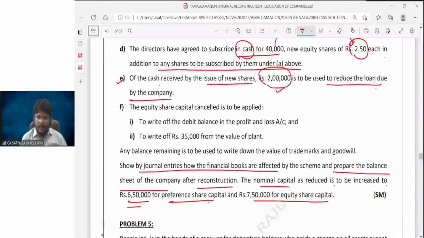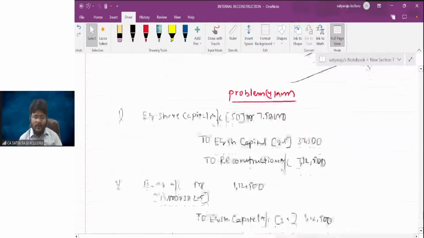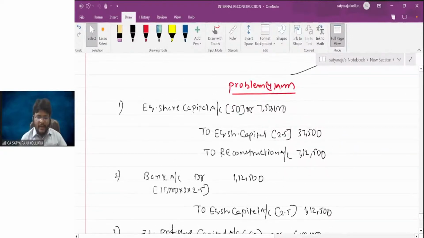Fine, come down. The equity share capital cancelled is to be applied to write off the debit balance in the profit and loss account. Whether it is mentioned or not, reconstruction account is used to write off P&L, to write off 35,000 from the value of the plant as well. Any balance remaining is to be used to write down the value of trademarks and goodwill. Now, before doing all these things, first I should find out the balance in reconstruction account. All of you start with your calculator.